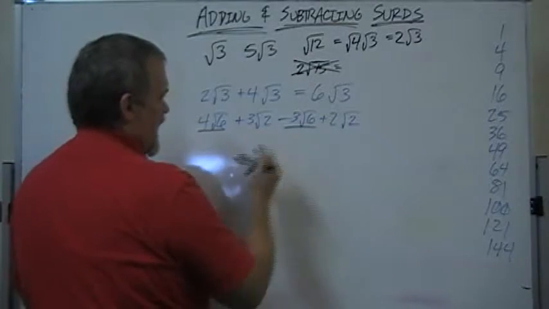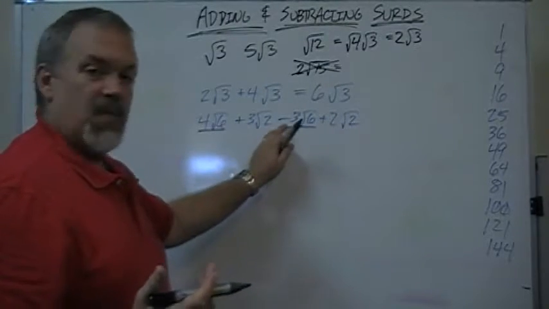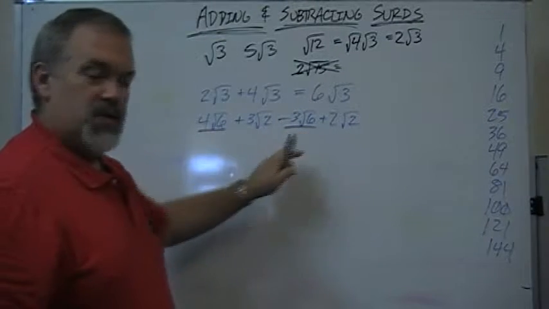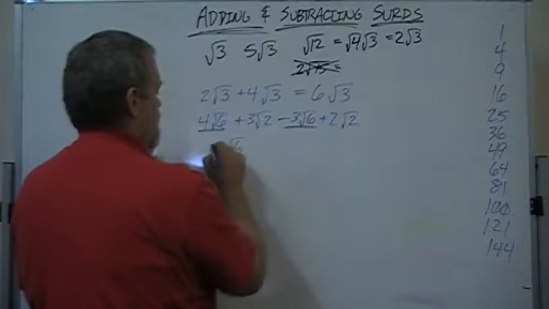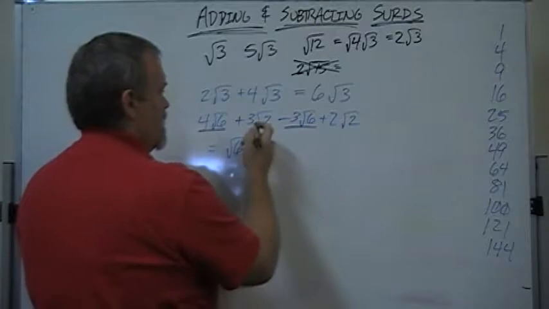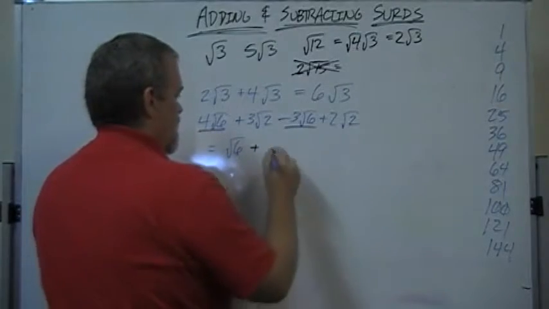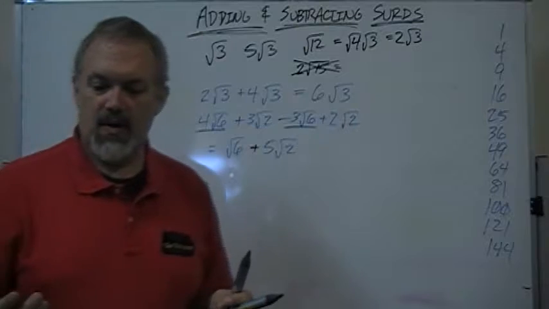So these we can add together, or in this case subtract. 4 root 6, remember that the minus goes with the number after it. 4 root 6 take away 3 root 6 gives me just root 6. And then we have 3 root 2 plus 2 root 2 gives me 5 root 2. And that's how we do those.